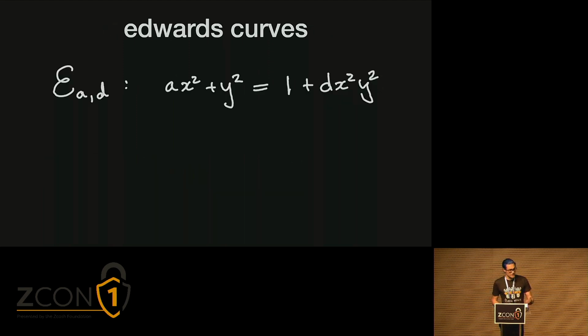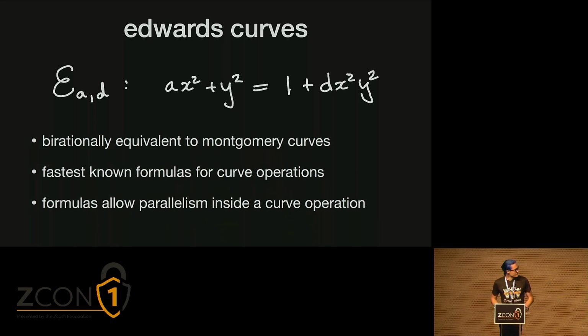They have this shape with two parameters, A and D. Again, the D parameter is doing most of the work, and the A parameter is this sort of twisting factor. And why do we care about these? First, they're things to know. They're birationally equivalent to Montgomery curves.